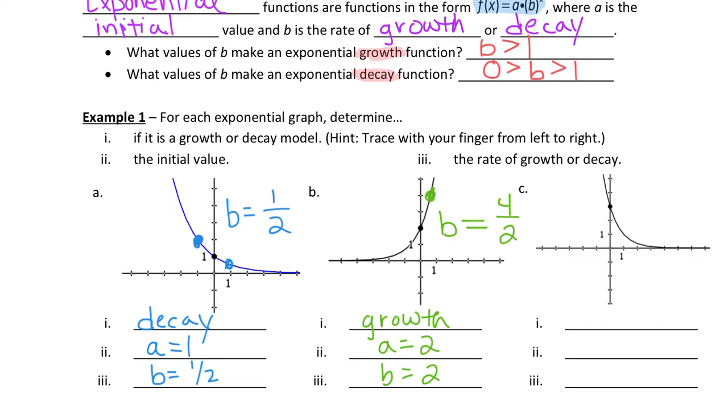That can happen. I'd like to ask you guys, for example C, is this one a growth or a decay model? I know you were able to figure that out. That was a decay. It is decreasing. Then I'm going to give you a hint here. What is this value? That's our a value. Yes, a equals 3.